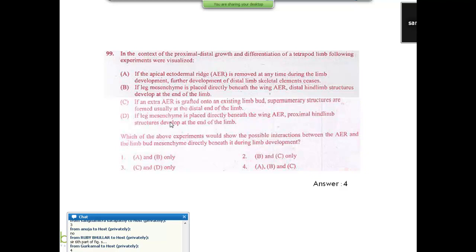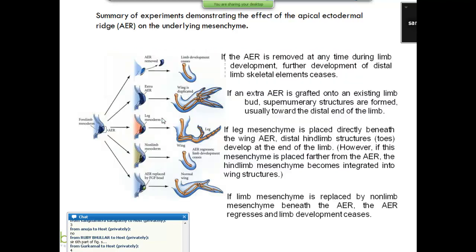That's the fourth option. It says that it will produce your proximal hind limb structure developed at the end of the limb. No. It has to be AER. Mesenchyma, leg AER should be kept. Okay. This is this option. If limb mesenchyma is replaced, the development ceases.